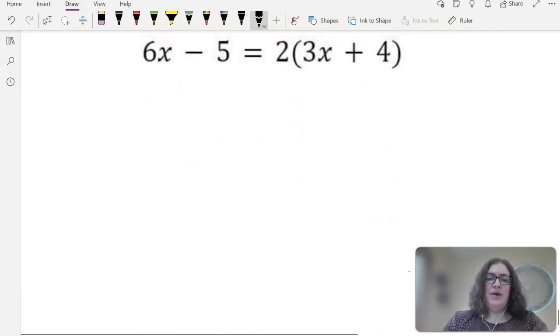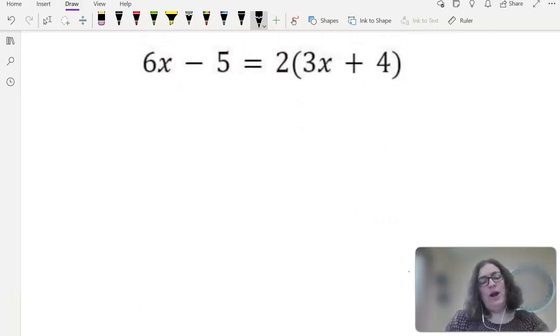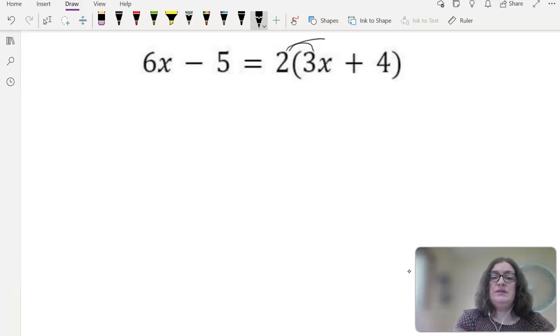All right, so let's look at one last problem. You can probably already guess what this is going to turn out to be, but we're going to work through our steps just like before. Left side, everything looks simplified, but right side I see some parentheses, so I'm going to distribute in, and I end up with 6x plus 8, and on the right side I've got 6x minus 5.